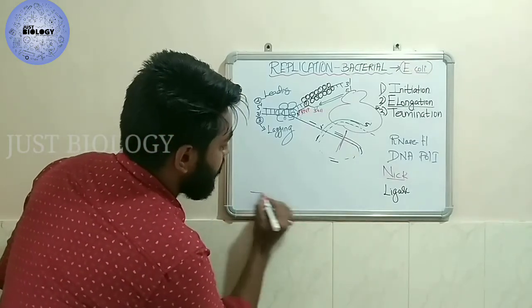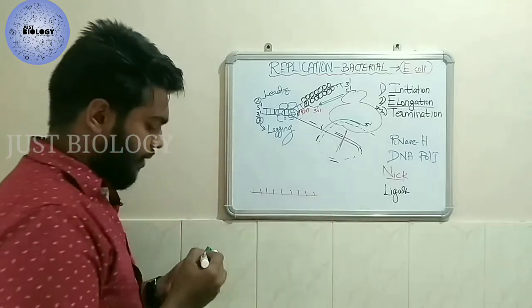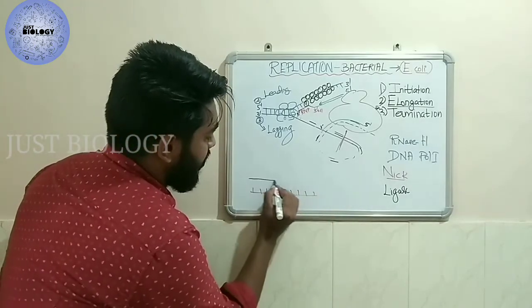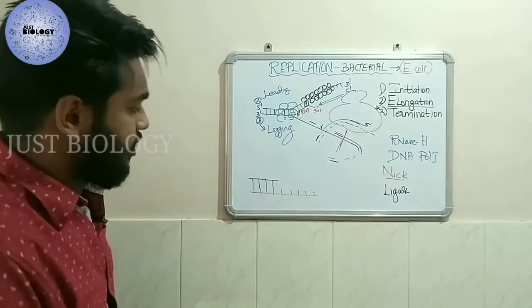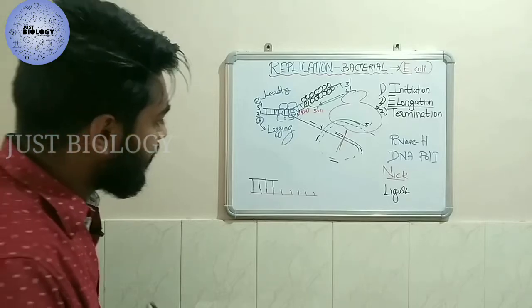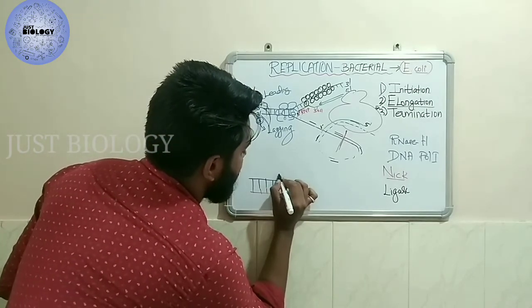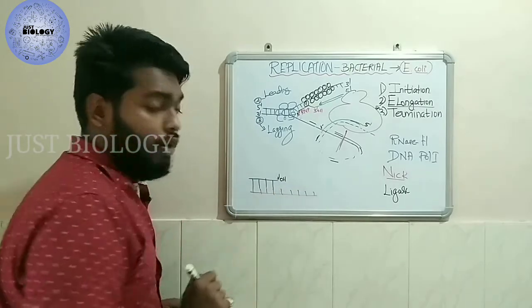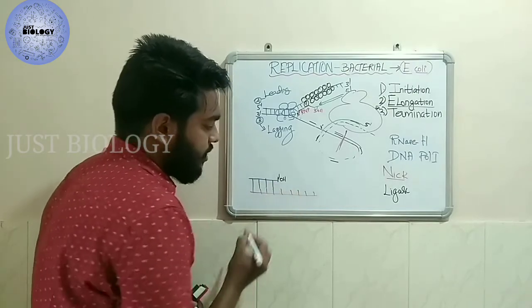So you can see this is the template strand, and this is the newly synthesized strand. If you see here, there is a 3' OH group on the last base.